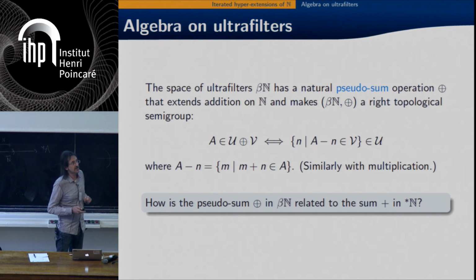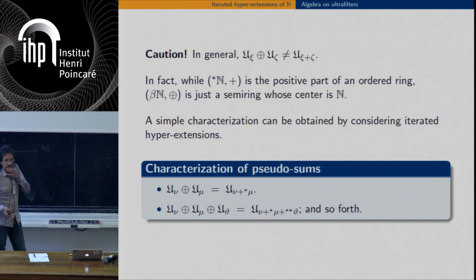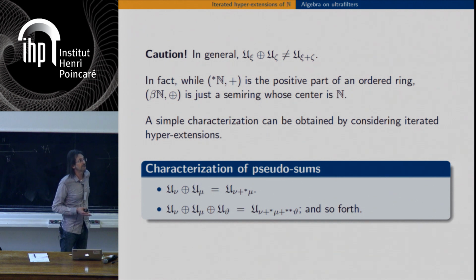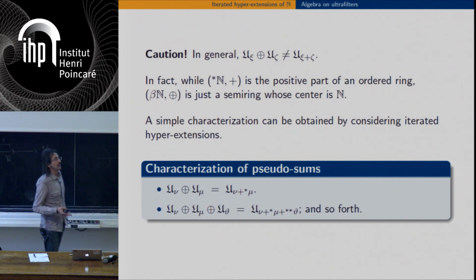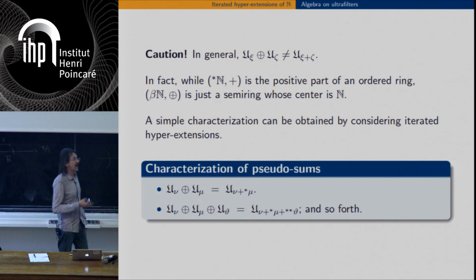Now, how is this sum between ultrafilters related to the sum we have on the natural numbers? Of course, they cannot be the same because the operation we have on the hypernatural numbers is commutative, while the operation on the space of ultrafilters is highly non-commutative.